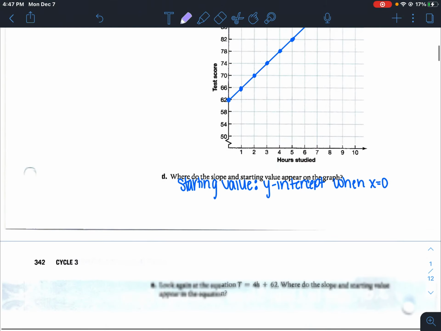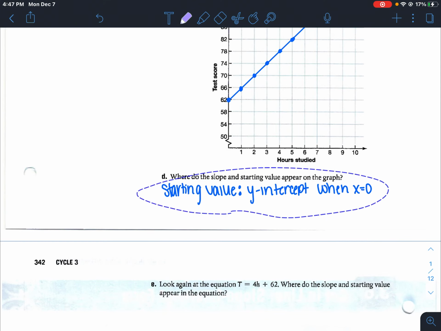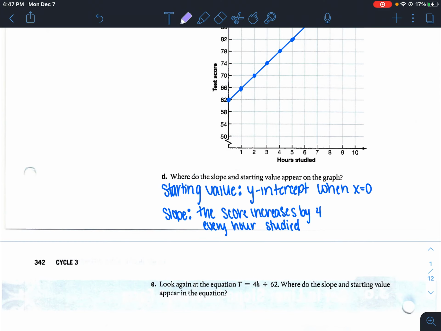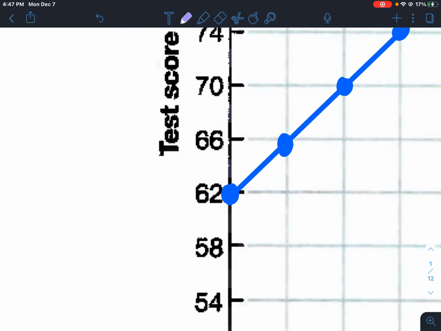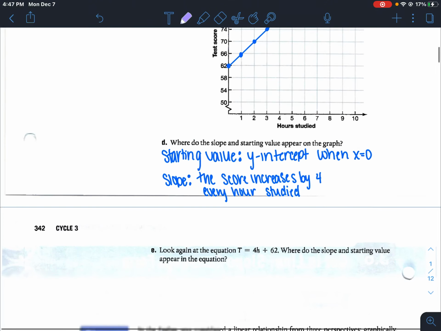So the y-intercept is our starting value, and our slope meant that the scores increased by 4 each hour studied. So we went up 4 units and right 1 unit. We went up 4 units from 62 to 66 and then over 1 hour.